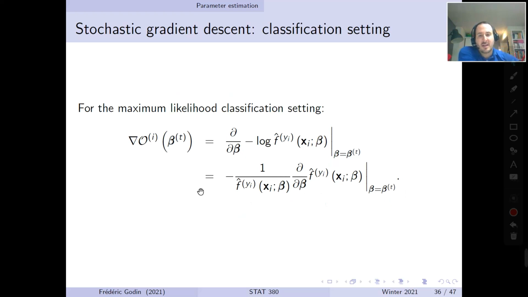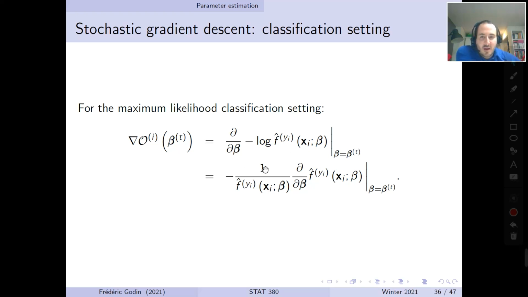Okay, now for a classification setting, we are also able to compute that gradient, because we said that the ith component of the objective function is simply the y_ith element of the vector of probabilities of being in each respective class for observation i. And here, when we differentiate the log, the derivative of the log of f is 1 over f times the derivative of f.